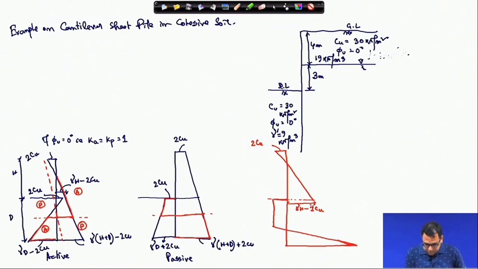So, this is the active gamma h minus 2 Cu, and this value is 4 Cu minus gamma h. And we have to add these things, so it will come out as 4 Cu plus gamma h. So, this is the net pressure diagram.